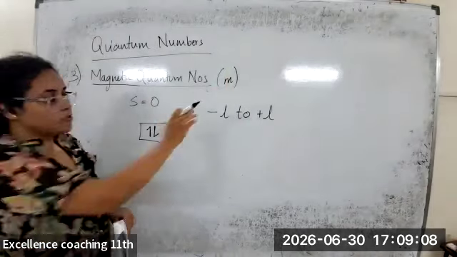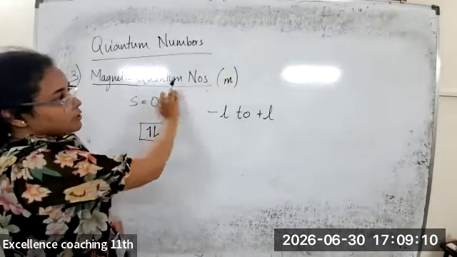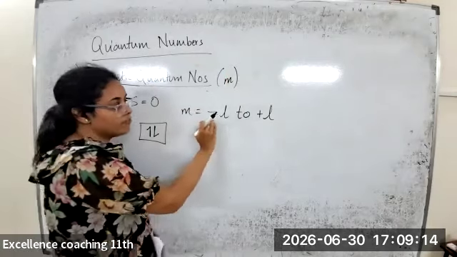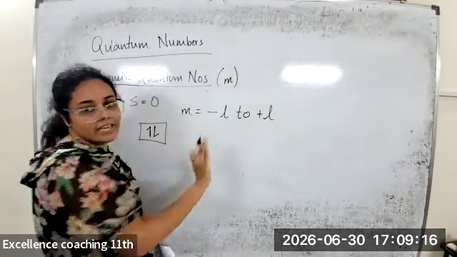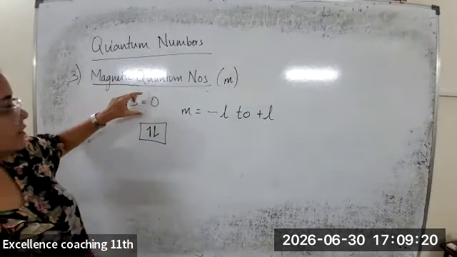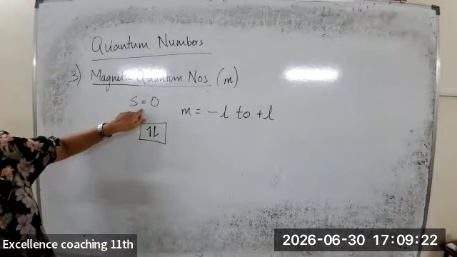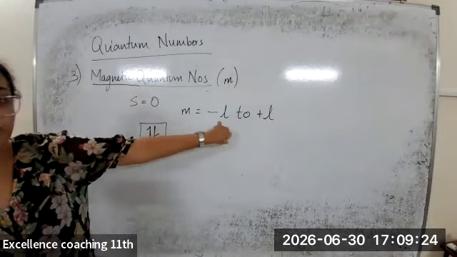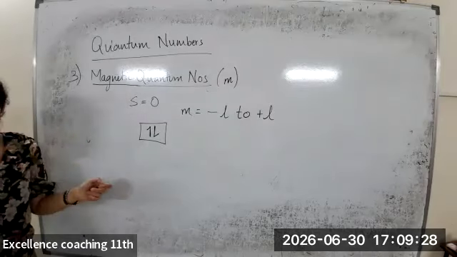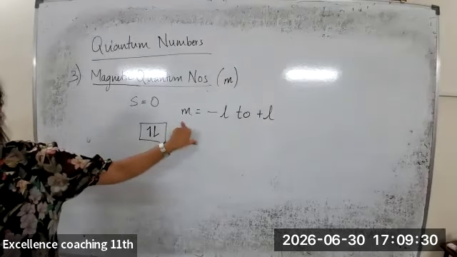So I said that it can have a value of minus L to plus L. If you represent s, which is l equal to 0, in terms of m, what will be the value of m?